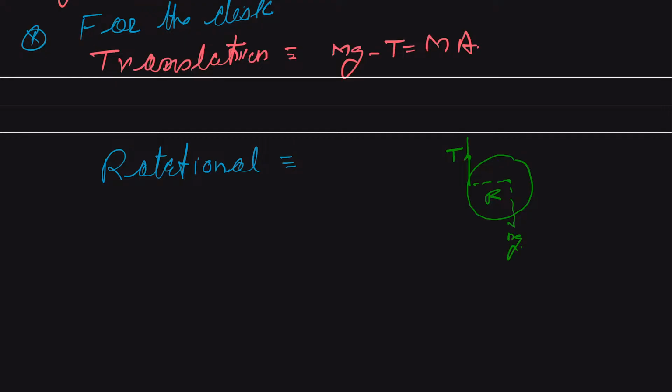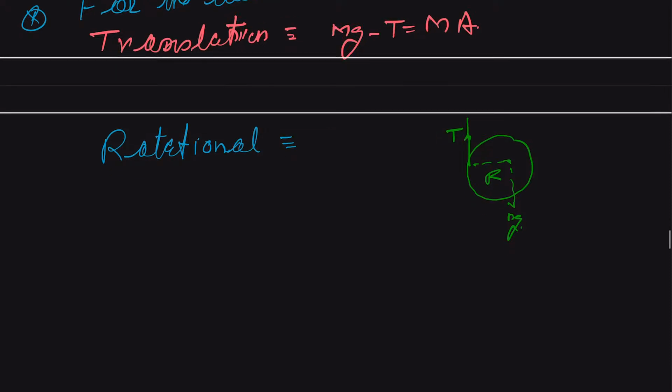Therefore we can say that for rotational we can write torque tau is equal to moment of inertia multiplied by the angular acceleration, and this torque tau is equal to tension multiplied by perpendicular distance, T multiplied by r.